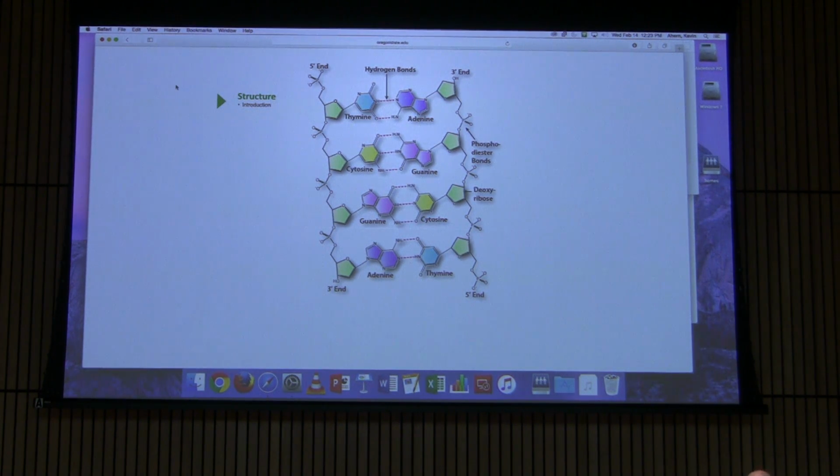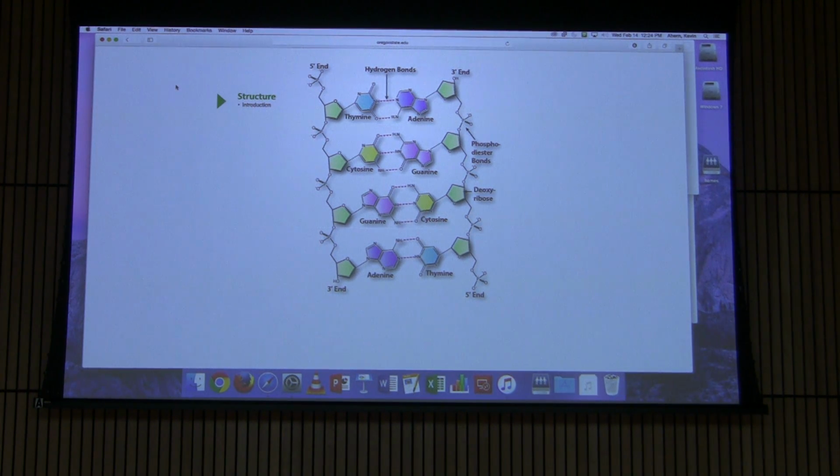And we'll see that's important when we go to examine the process of transcription, because in transcription what a cell has got to do is separate the double-stranded DNA and start making RNA. We'll see how that comes into play later on. Okay. Another thing that you see here is that the strands are oriented in a fashion that we call anti-parallel.